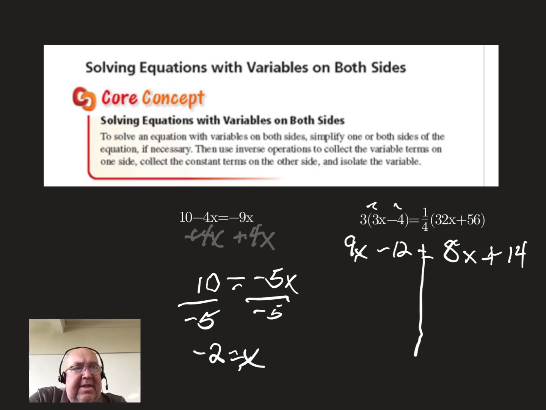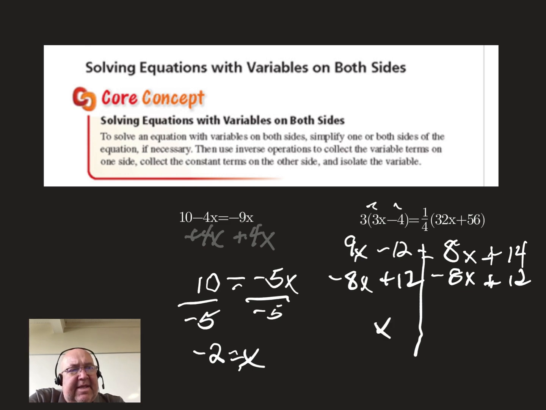So I'm going to do this all in one step. So I'm going to subtract 8x and subtract 8x. I'm going to add 12 and I'm going to add 12. 9x minus 8x is going to equal x, and x is going to equal 26.